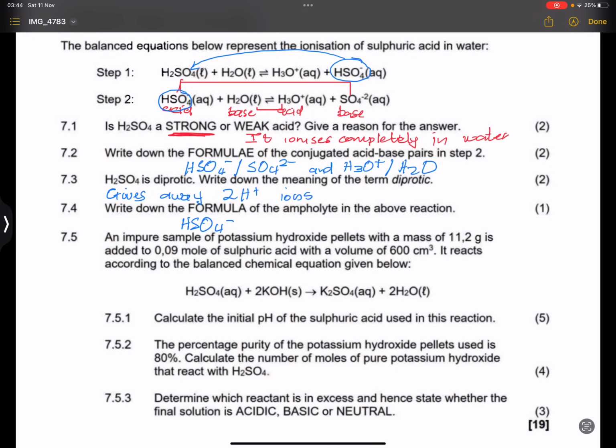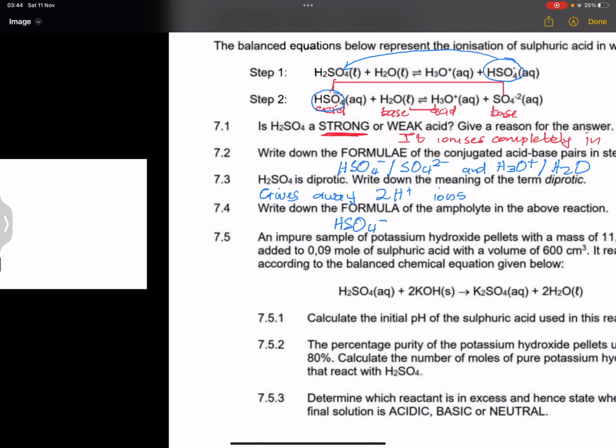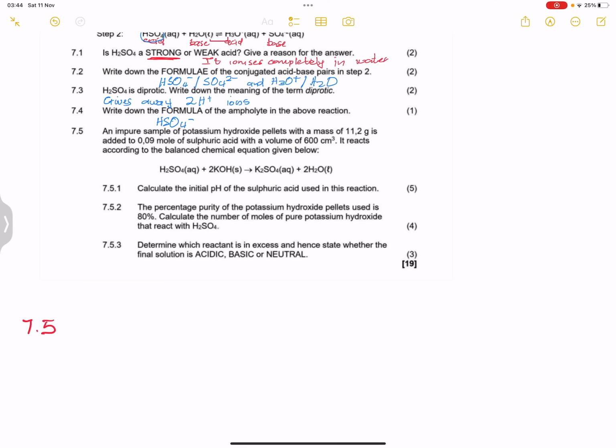So what we're going to do is we're going to calculate the concentration of sulfuric acid. Please keep that in mind. So concentration is number of moles divided by volume, right? And we've got 0.09 moles of sulfuric acid, and our volume was given as 600, so that would be divided by 0.6.